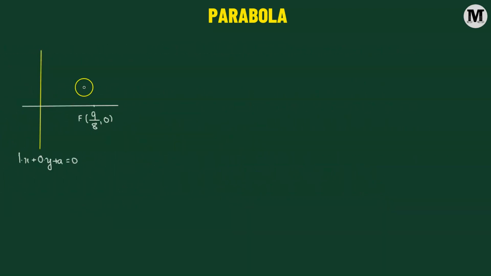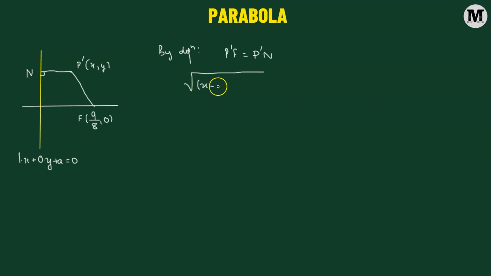To find the equation of the parabola, we're going to consider another point, let's call it P prime. P prime has the coordinates (x, y), which lies on the parabola, or you can say this is the locus of the parabola, such that if we join point P prime and F and then drop a perpendicular from point P prime on the directrix line, let's say it meets at N, then by definition P prime F must equal P prime N. So P prime F equals the square root of (x minus 9/8) whole squared plus (y minus 0) whole squared.